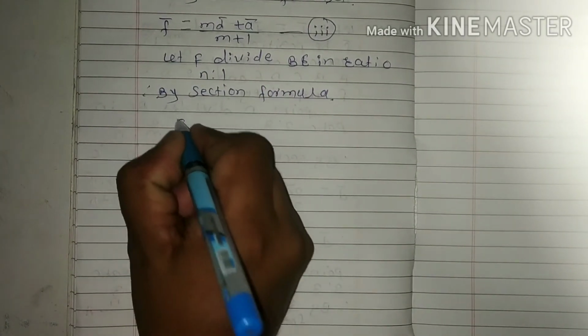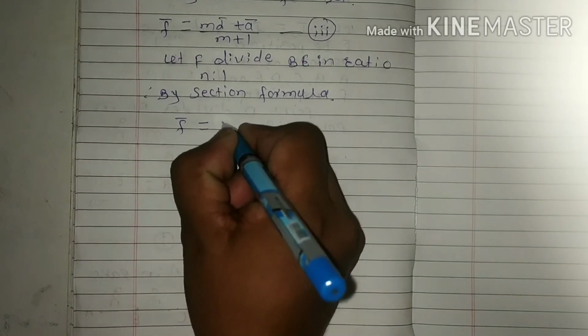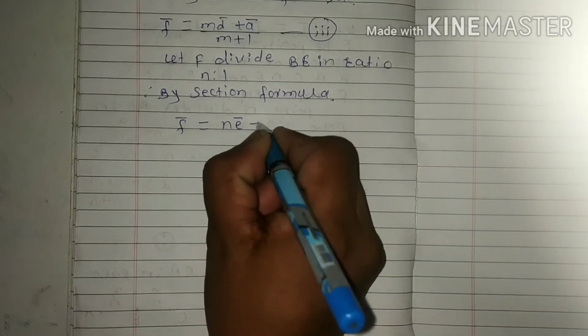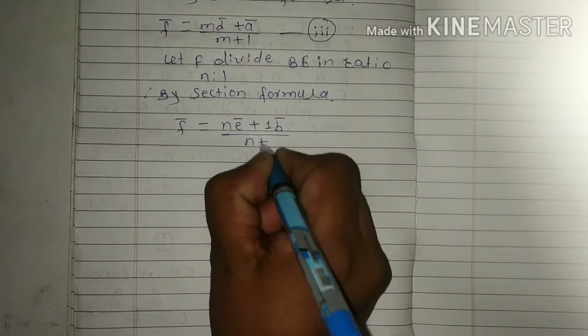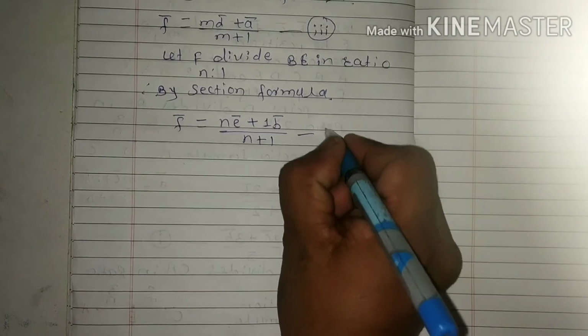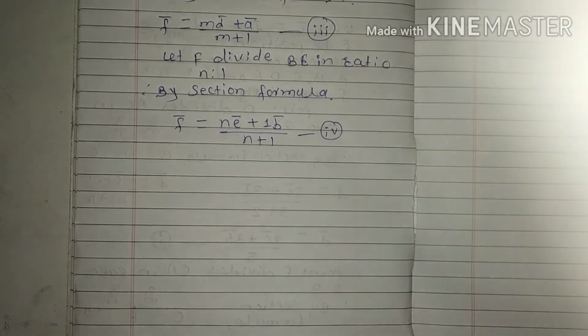We write the value of f bar is equal to n into e bar plus 1 into b bar divided by n plus 1. This is equation number 4.